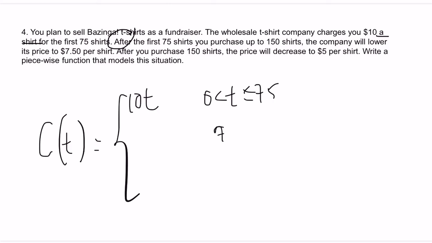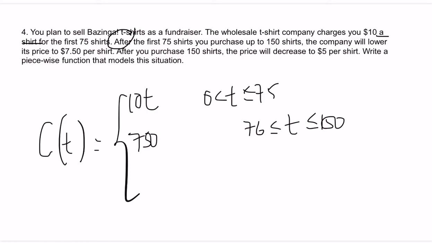So from 76 to 150. So in this case, there is an excess. The cost of the first 75 shirts is $750.